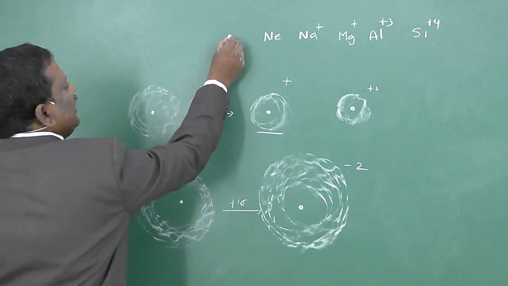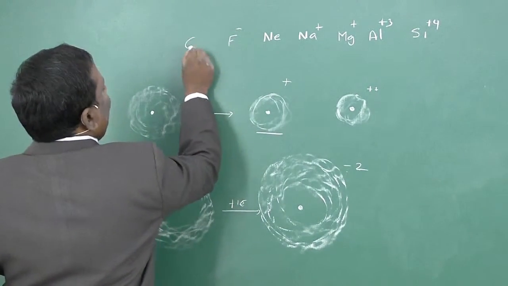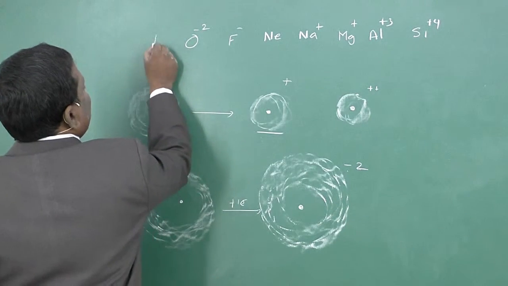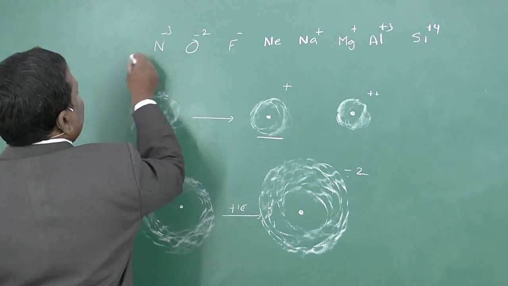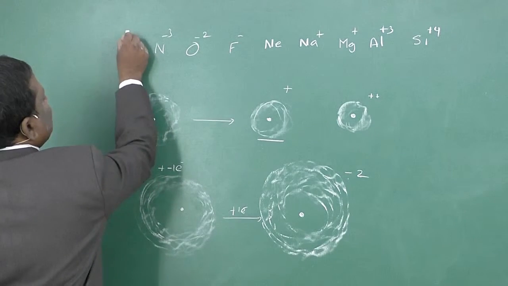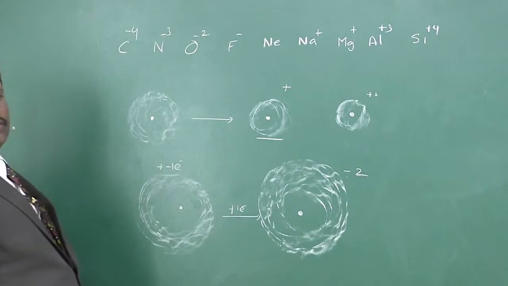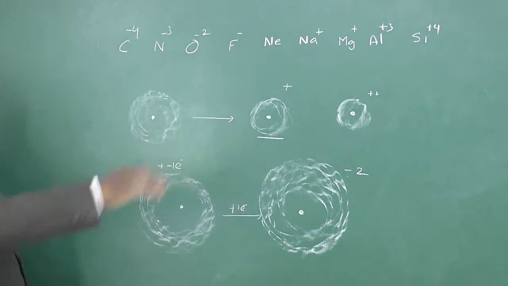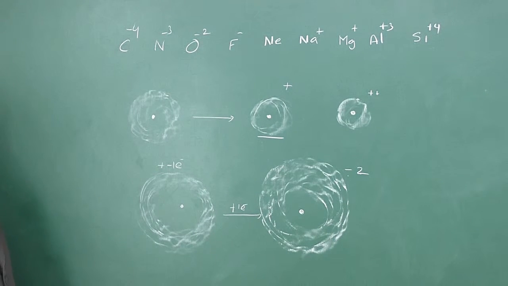Similarly, F minus has 10 electrons. O minus 2 also has 10 electrons. N minus 3 also has 10 electrons. And C minus 4 also has 10 electrons. So this series of ions is said to be isoelectronic species.